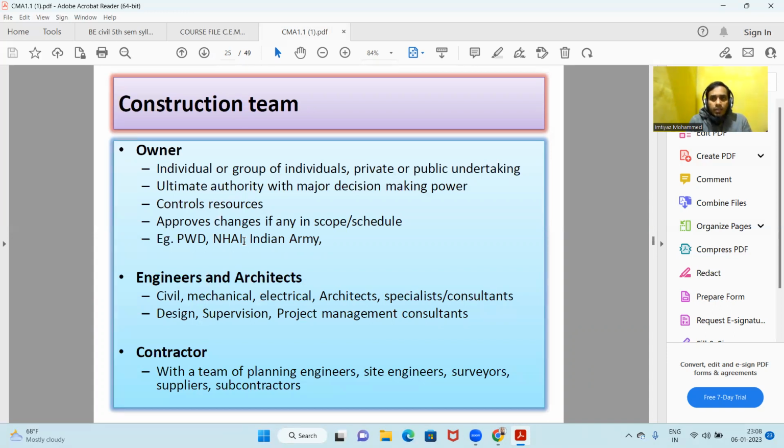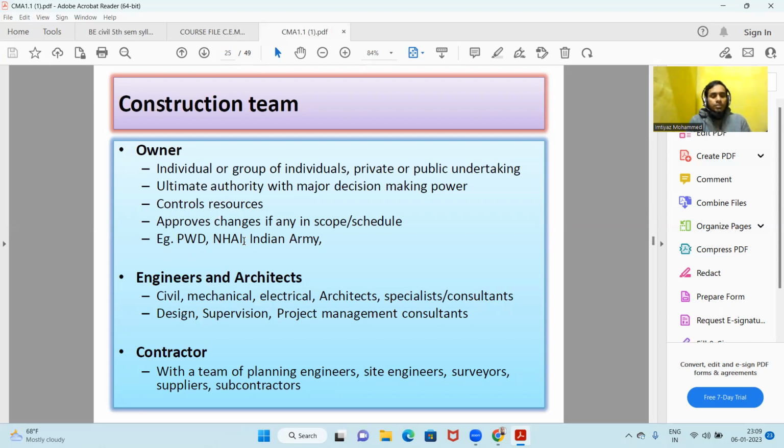The ultimate authority or power of major decision making lies with the owner. The owner controls the resources and can approve changes in the building plan or the mode of construction. Some examples of owners: Public Works Department, PWD, NHAI, National Highway Authority of India, and the Indian Army.